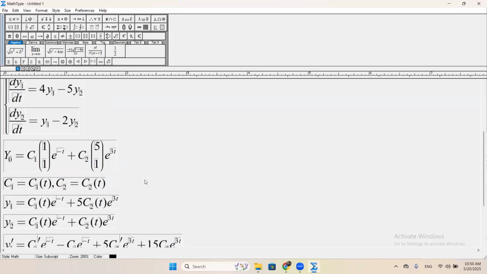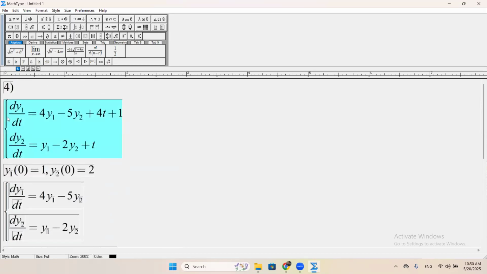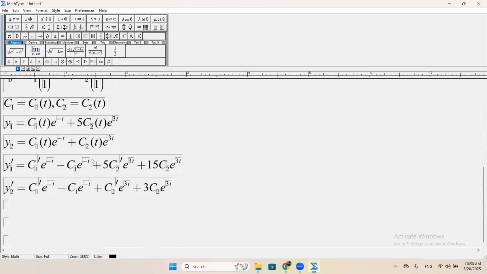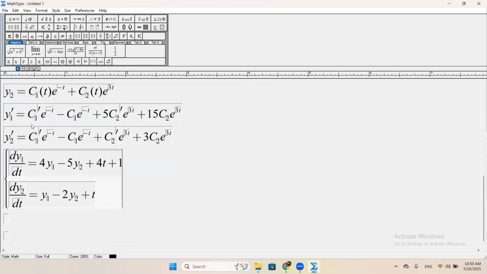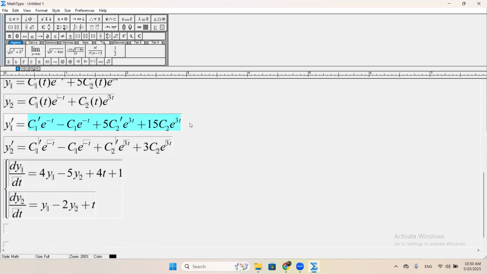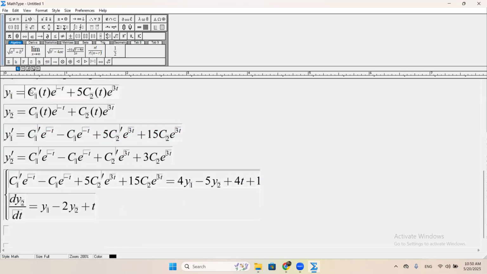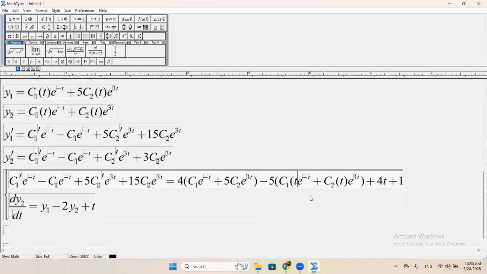And what do we do next? We substitute these expressions into the initial system of equations. So substituting y prime, substituting y1. Okay, let me erase the dependency on t here, and here minus 5 times this expression.